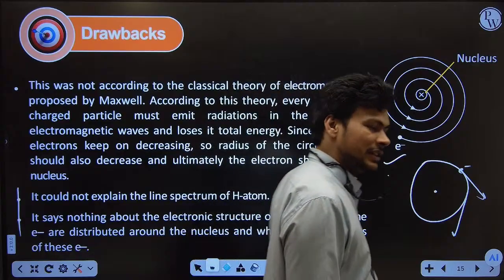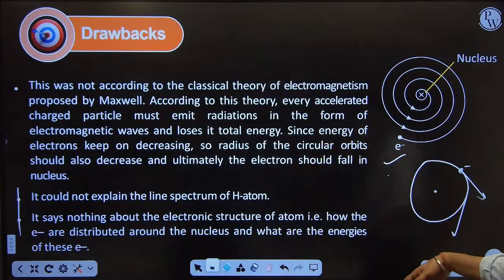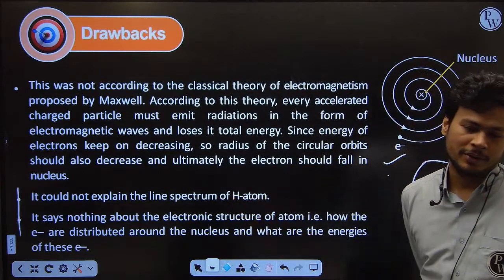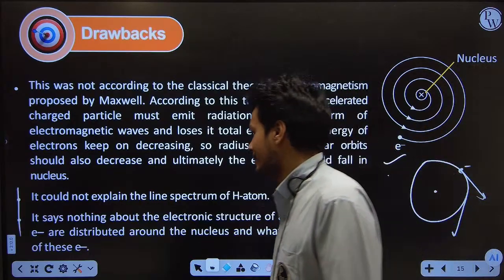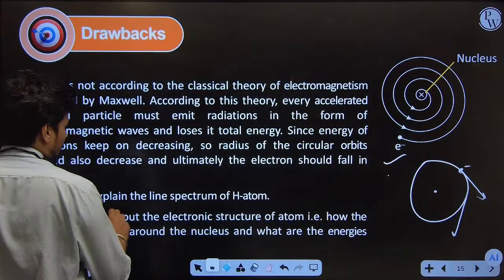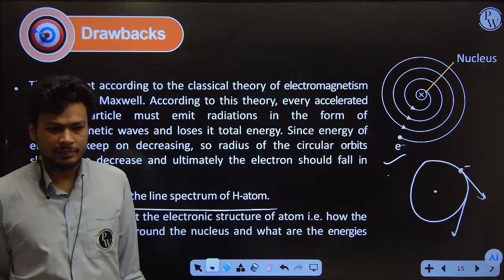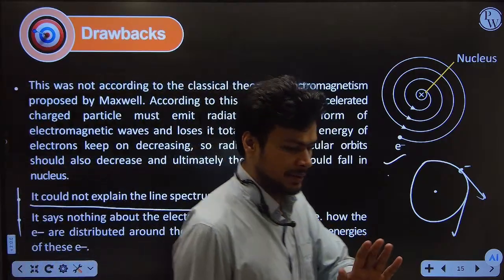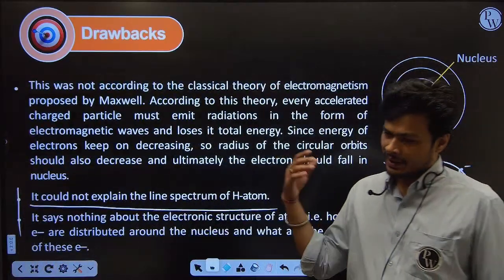We will talk about this if you don't know about it. There's a whole segment about the spectrum of hydrogen atom and different atoms. But yeah, this model could not explain the spectrum of hydrogen atom. I'll tell you a rough idea, again we'll do it later.